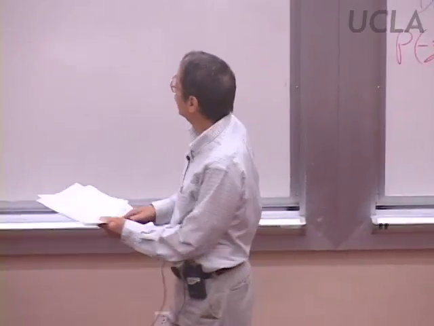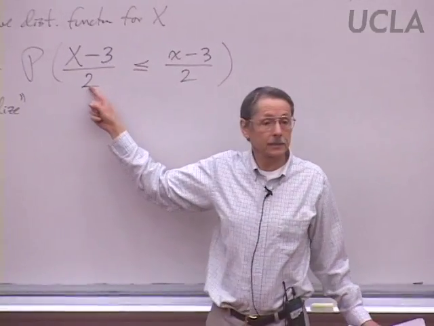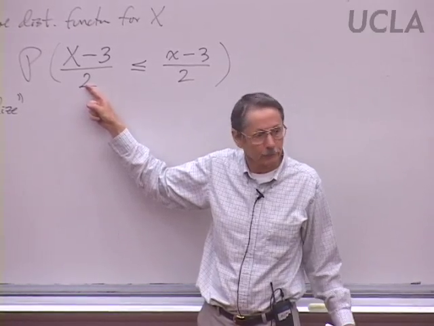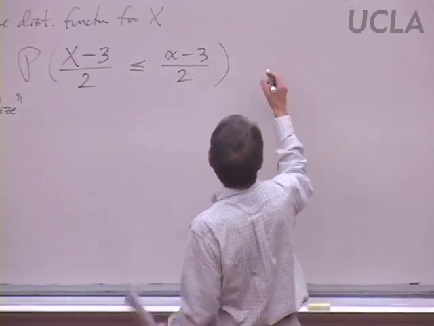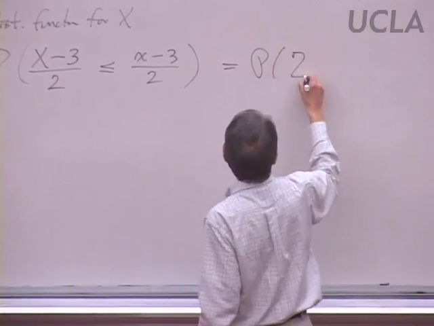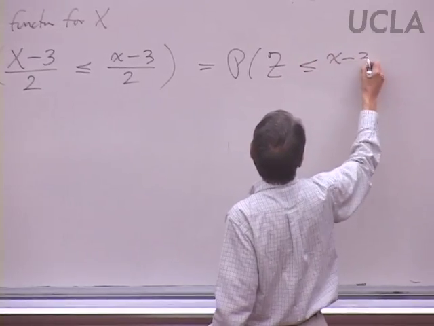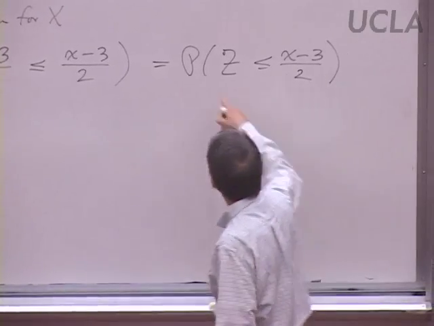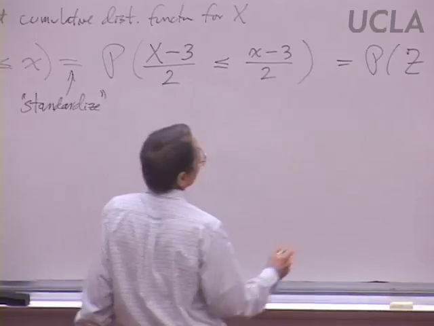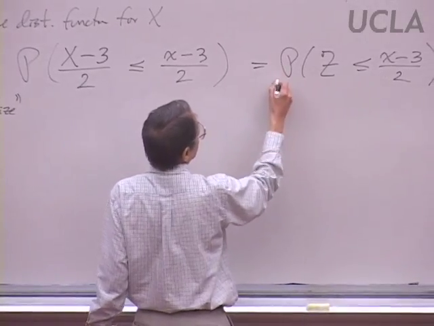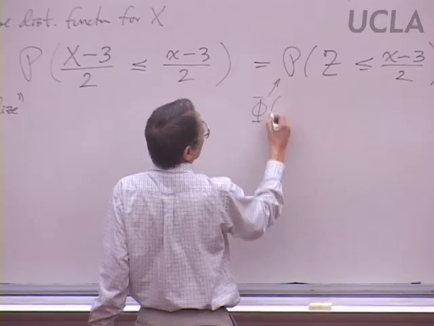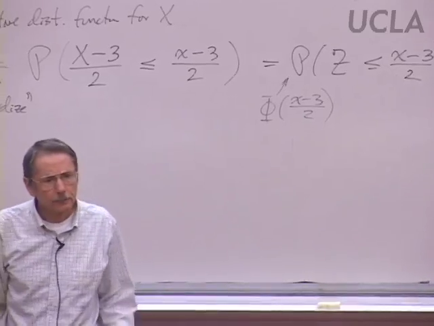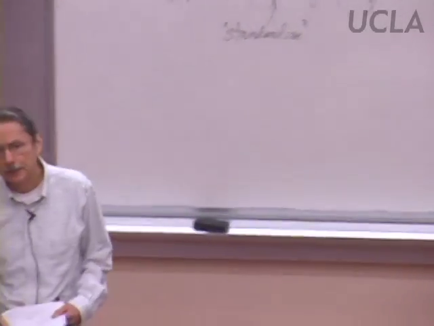And the reason for doing that is that this is z. And we know a lot about z. We know its density function, the works. This is the cumulative distribution function for z, but at the point x minus 3 over 2.